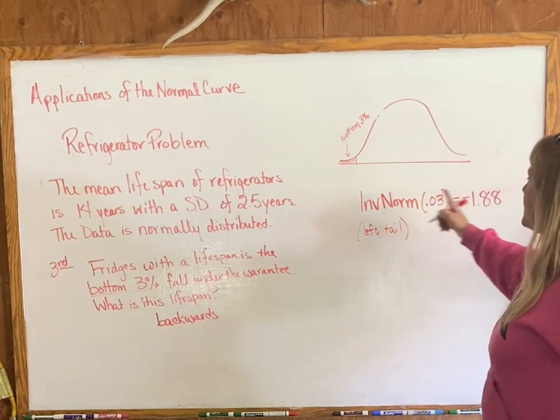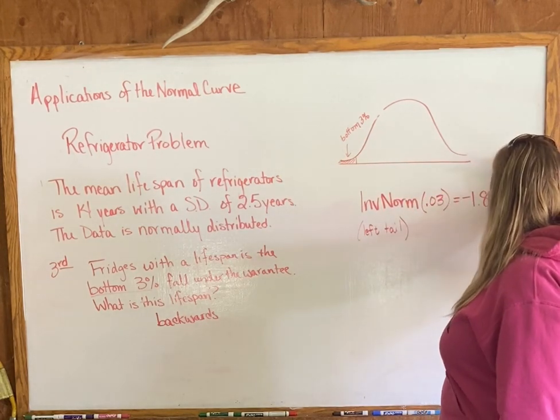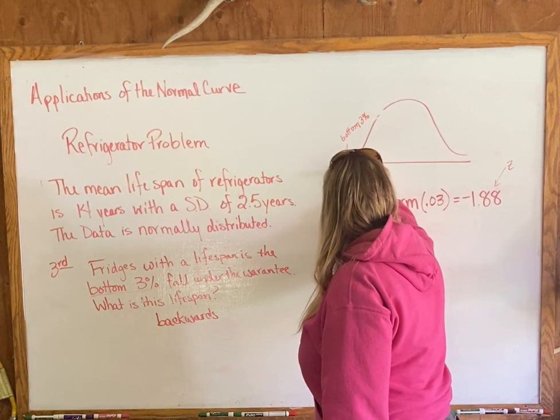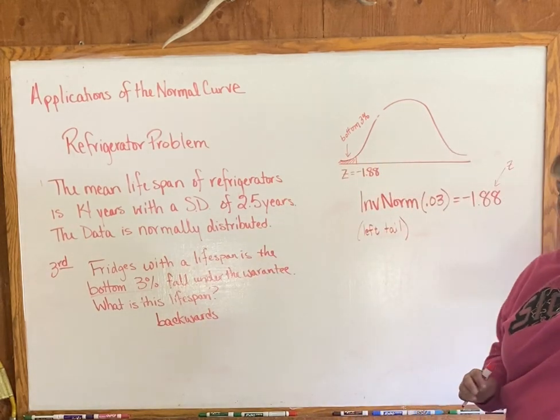Right, so what this has done is we put in the area, and the inverse norm gives us that z-score. So we know that z equals negative 1.88. So we're working our way backwards.